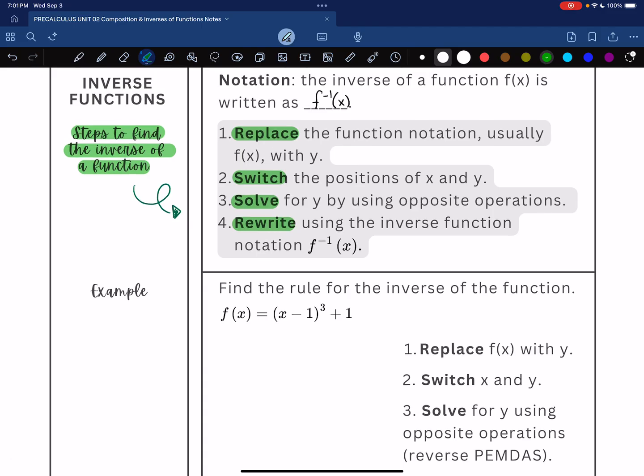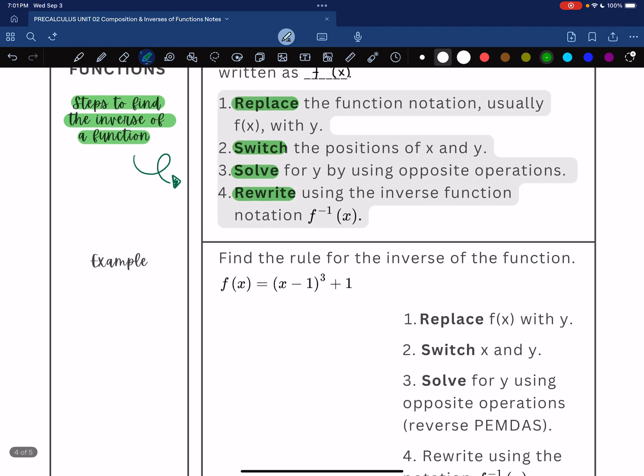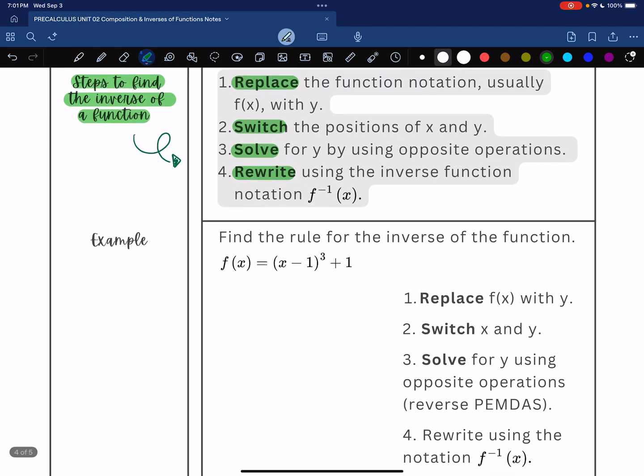So let's think about this example together and use these 4 steps to help us do that. We're going to find the rule for the inverse of this cubic function f of x, which is equal to the quantity x minus 1 cubed plus 1. So let's go ahead and begin. Step number 1 is going to be to replace f of x with y.